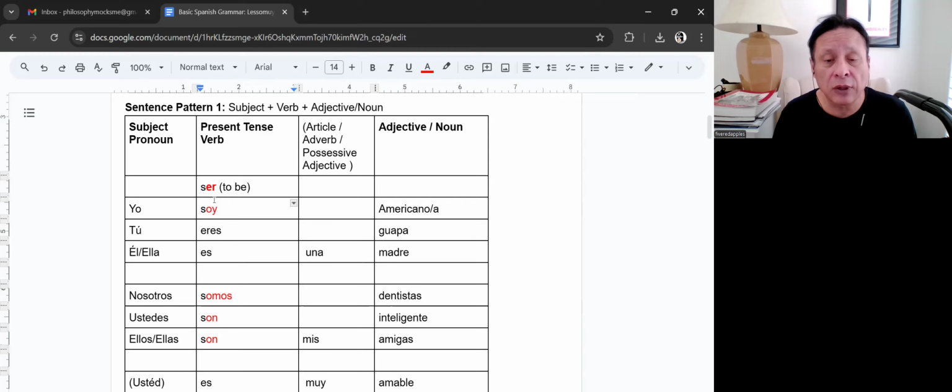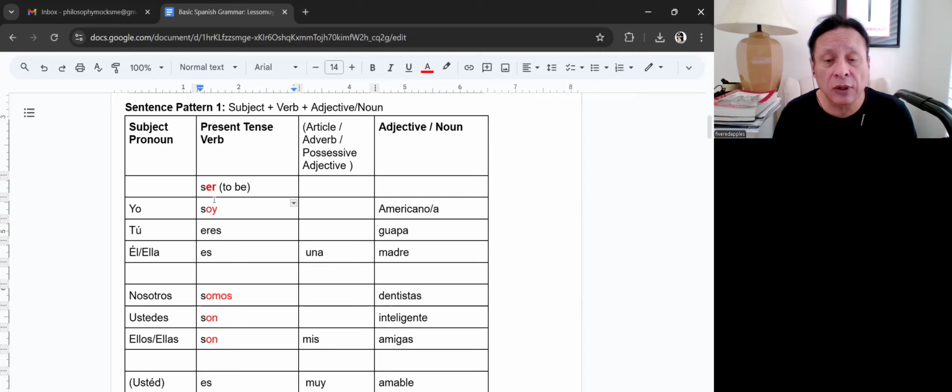Inteligente is obviously intelligent. And again, the adjective that ends with an E, we don't have to do anything to it to match the noun, right? For it to agree with the noun, whether it's masculine or feminine, we don't have to do anything. It doesn't change, right? It's not like guapo.